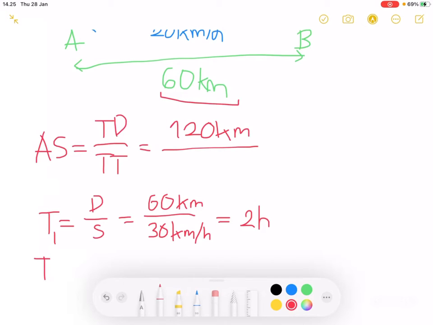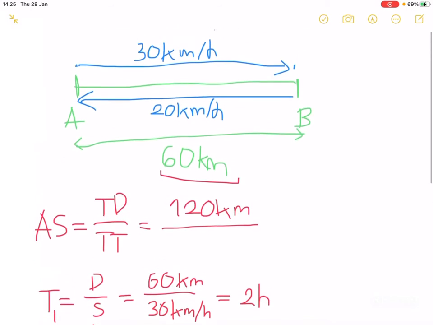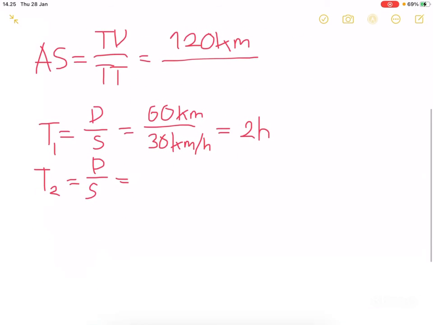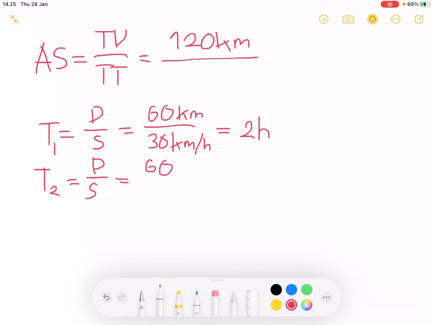For T2, using the same formula, this time the speed becomes 20 kilometers per hour, so the time for this part will be 3 hours.